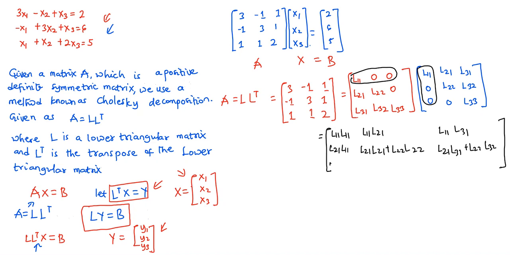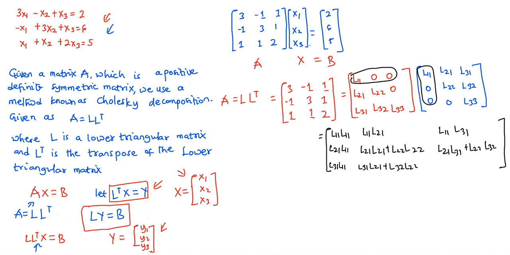So we're going to have L31 multiplying L11, plus L32 multiplying 0 plus L33 multiplying 0. Then we're going to have L31 multiplying L21, plus L32 multiplying L22, plus L33 multiplying 0.